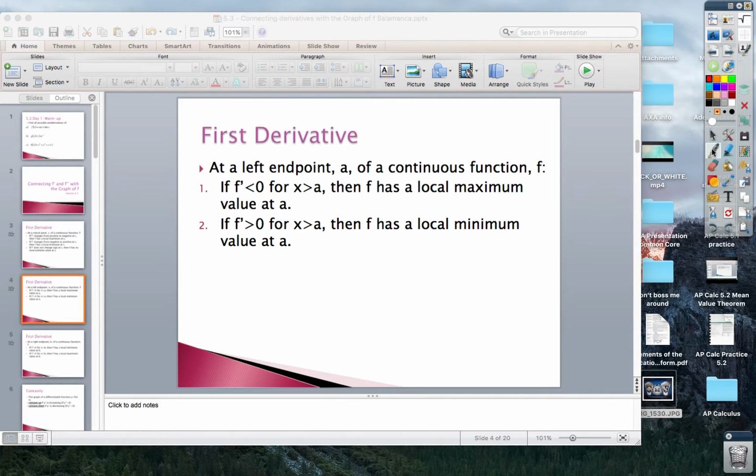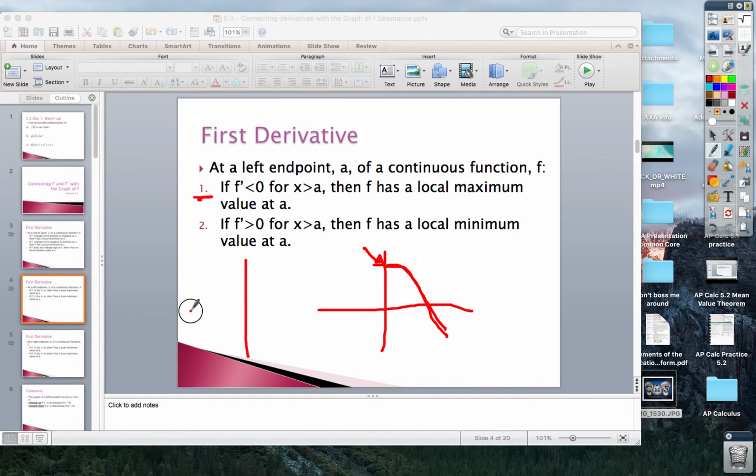So remember when we did these types of graphs at the beginning of the chapter, we had a graph like this and we said, hey, we're looking only at a certain set of things. Now here's our endpoint a. It says that based on part 1, if f prime is less than 0 for x greater than a, that means everything after that was decreasing. That means that's why this is the local max.